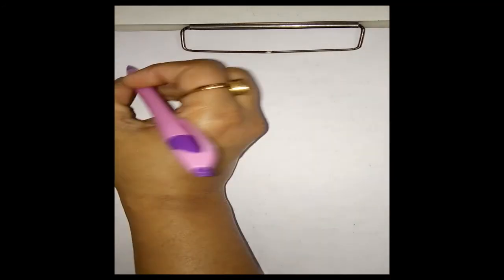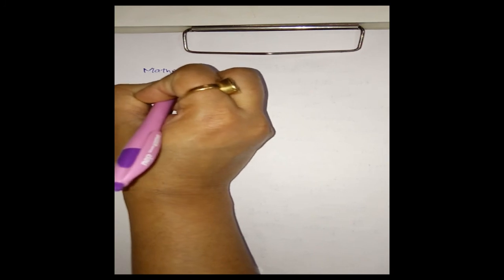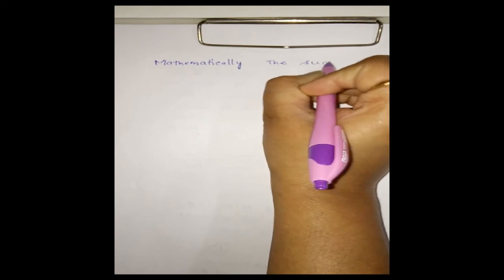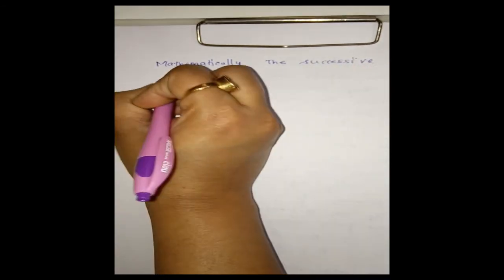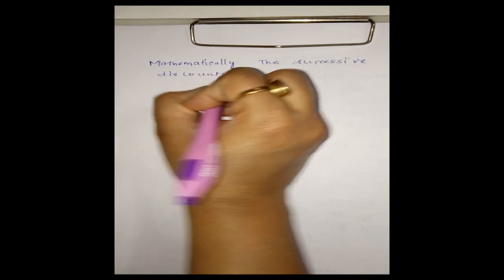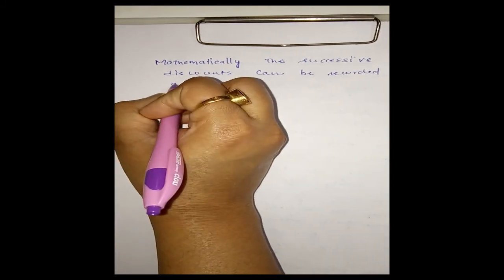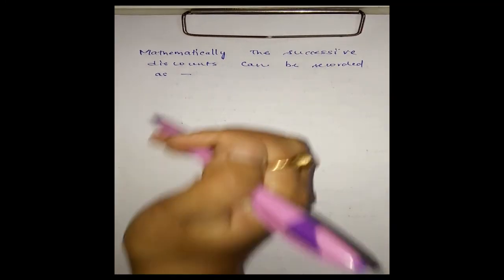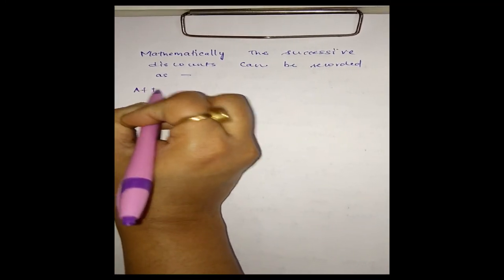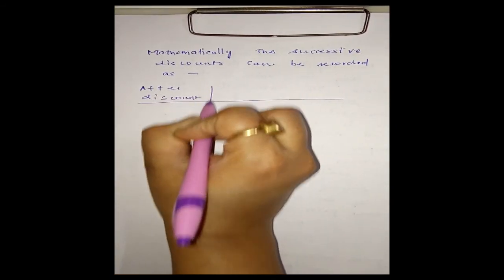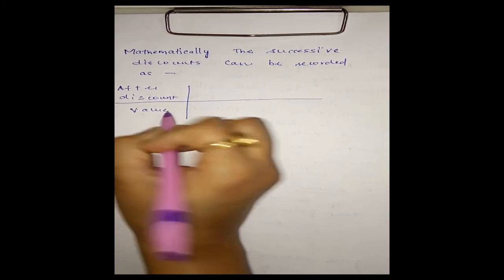Now mathematically, the successive discounts can be recorded as follows: this is after discount, and this is the value or the price.